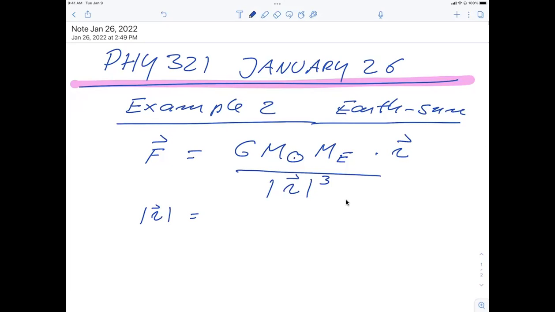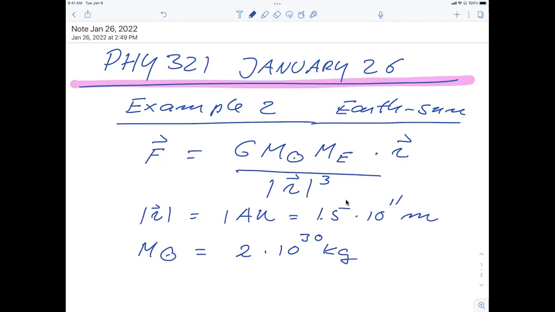So this is normally written as 1 AU, astronomical unit, and it has a value which is 1.5 times 10 to the 11th meters. So anyone who remembers the mass of the Sun, roughly? Order of magnitude? Yeah, roughly, that's exact. So this is typically 2 times 10 to the 30th kilograms.